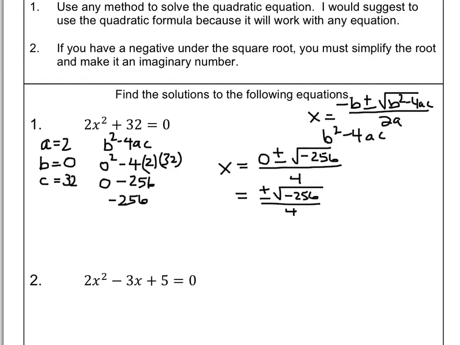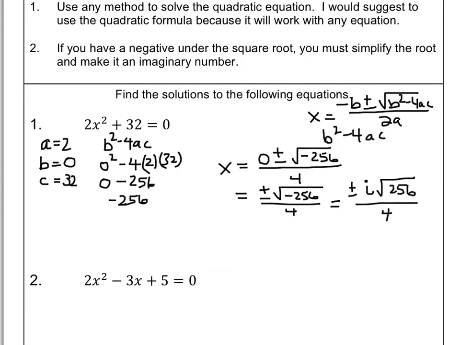As we look at this problem, remember we can take this negative out. The negative underneath the square root will move out and become an i. So we've got positive and negative i times the square root of 256, divided by 4.